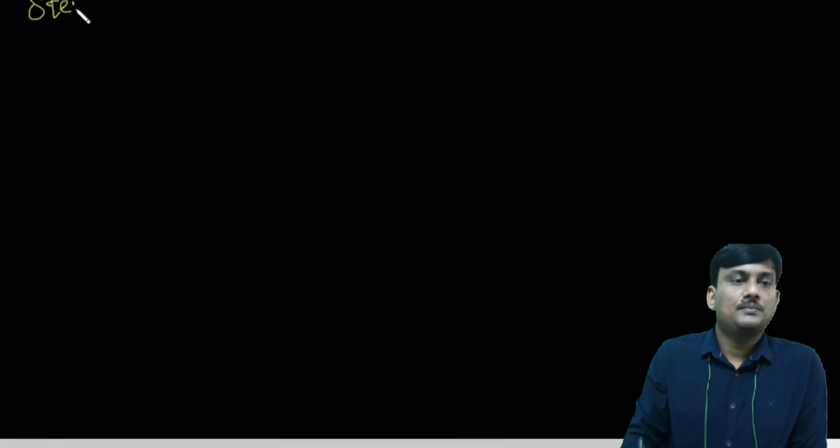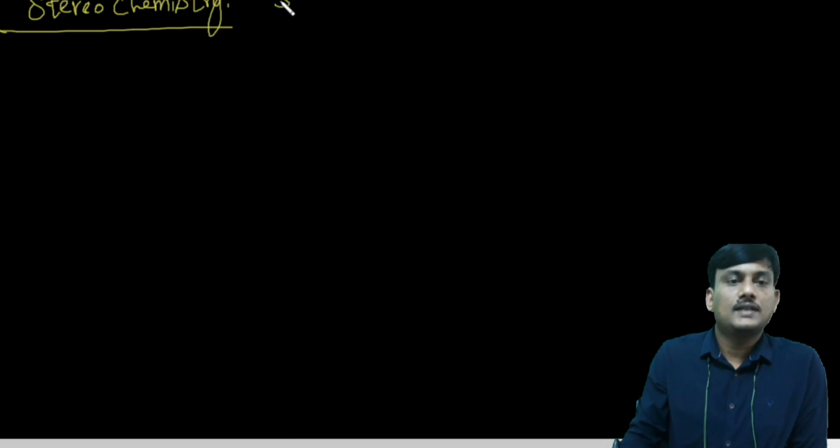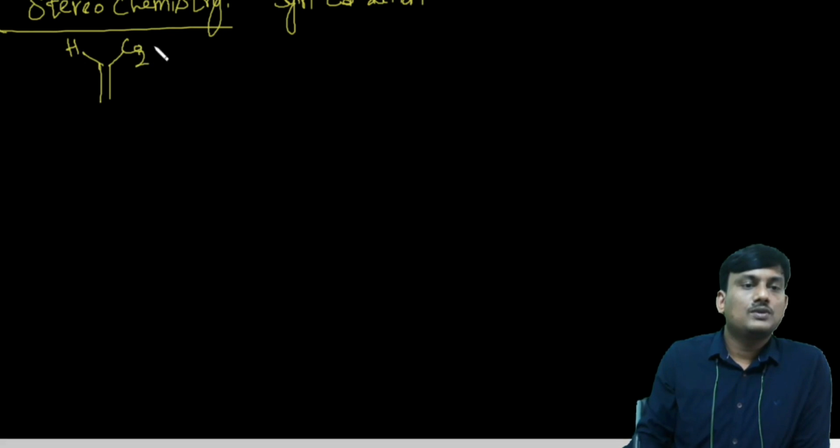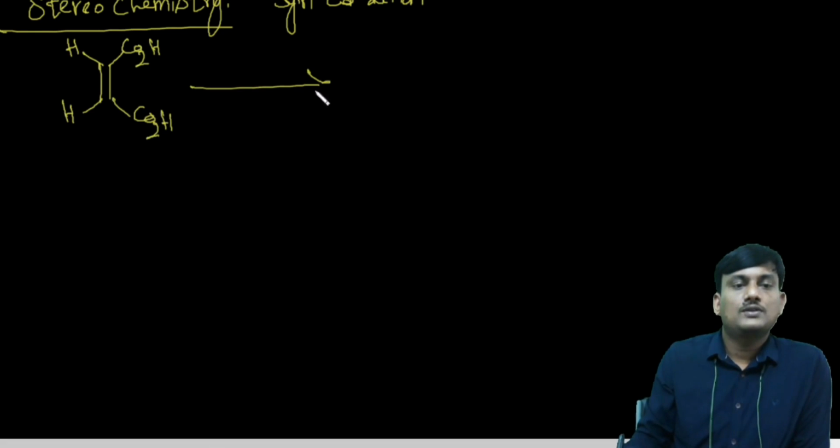Stereochemistry of Wilkinson's catalyst, homogeneous catalysis: syn addition takes place. Suppose you take maleic acid, with H, CO2H and H, CO2H, and you deuteriate it in presence of Wilkinson's catalyst.